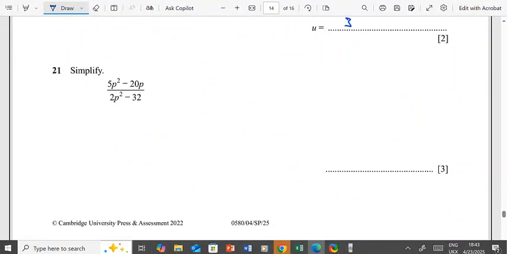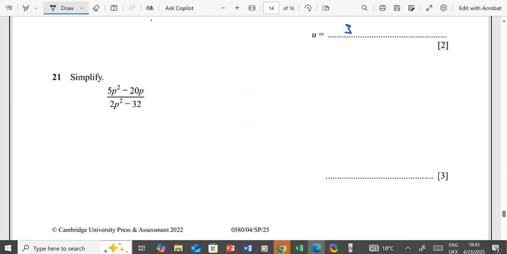Number 21 says simplify 5p squared minus 20p over 2p squared minus 32. One thing you wouldn't do there is just cancel out the p squared, which is the most common mistake that most students make. Instead, we're going to factorize.